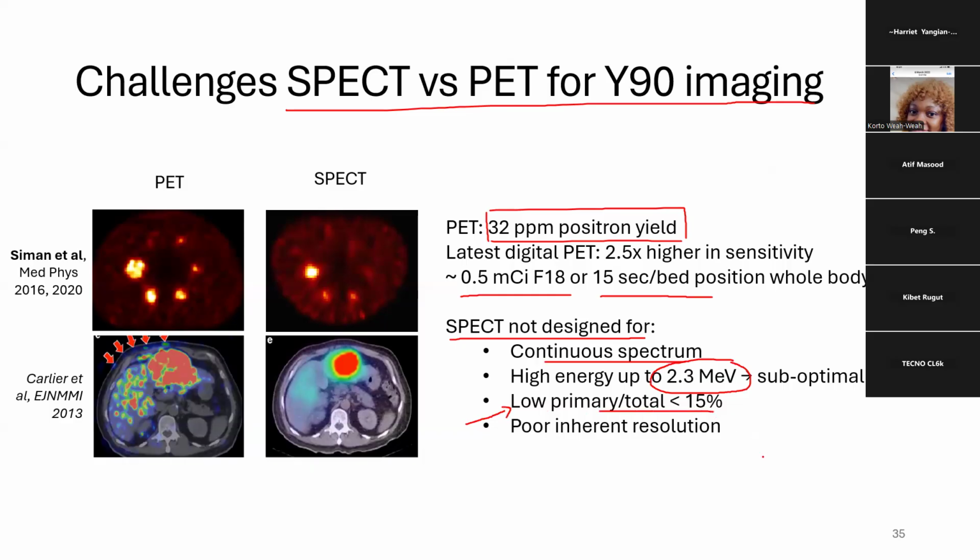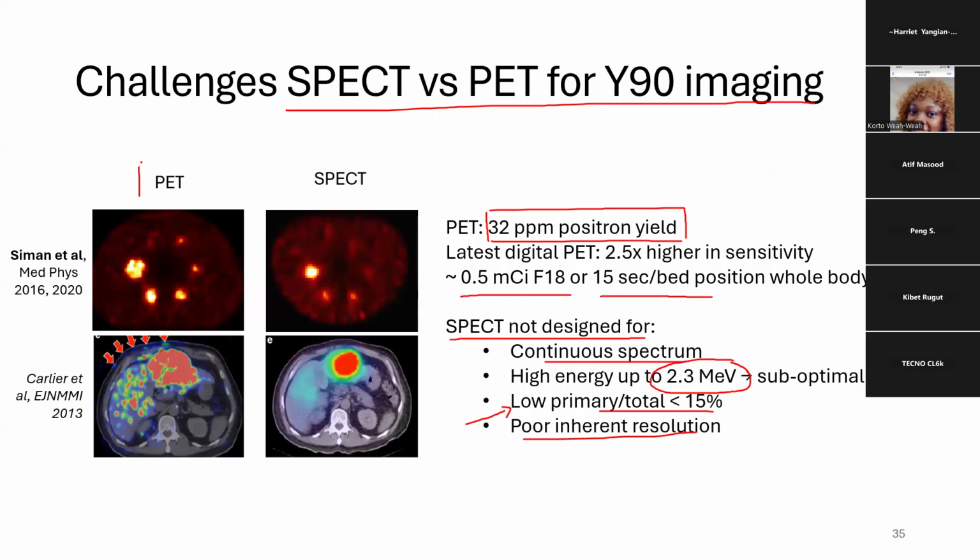In PET, what you're dealing with is quantum noise. But in SPECT, what you're dealing with is engineering noise, so unwanted signal. In PET, you don't have enough signal. In SPECT, you have a lot of unwanted signal, and resolution is poor.